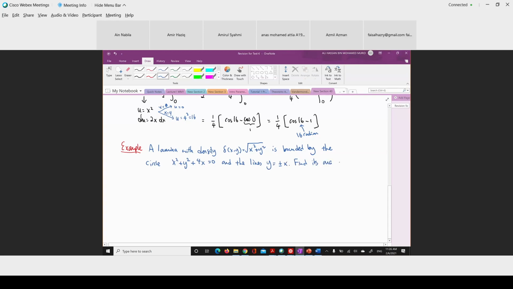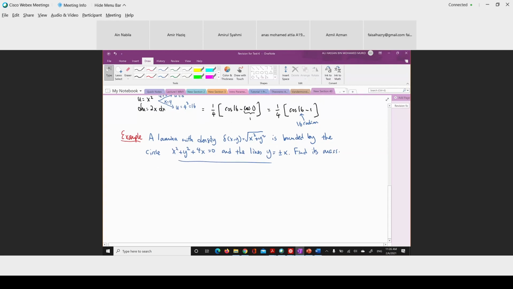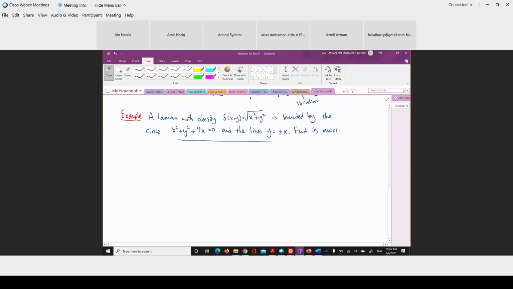Suppose we want to find the mass of the lamina. A lamina is a thin sheet of material, right? What do we need to do here first?